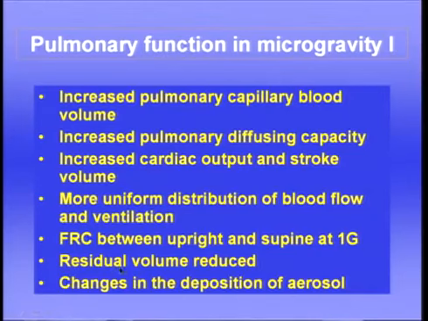A very interesting finding is that residual volume was decreased. I say interesting because it's very difficult usually to change residual volume, and we think that has to do, and I don't have time to go into it in detail, has to do with the fact that all the alveoli presumably are at the same size, and therefore all of them can go down to a low volume when you exhale as far as you can.